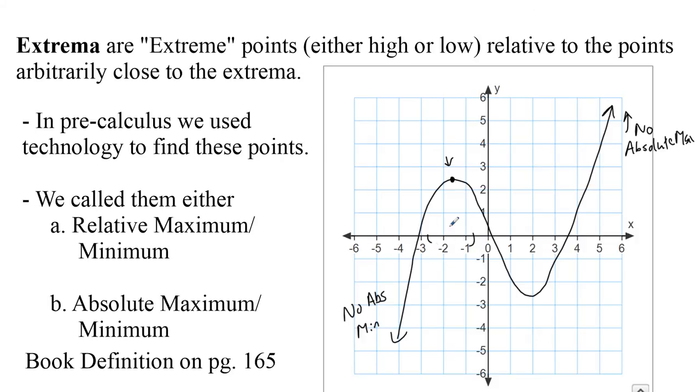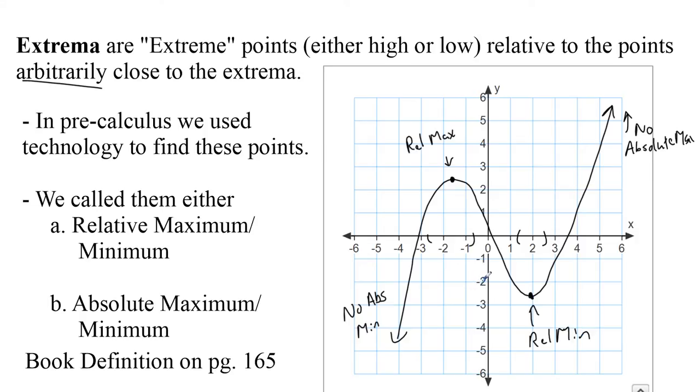Now again, I picked these two little open parts from my interval arbitrarily. And so arbitrarily close to this point, it is the highest point. We call that a relative maximum. And this point right here, compared to the points arbitrarily close to it on that open interval that I just set up, is a relative minimum, whereas this was a relative maximum.